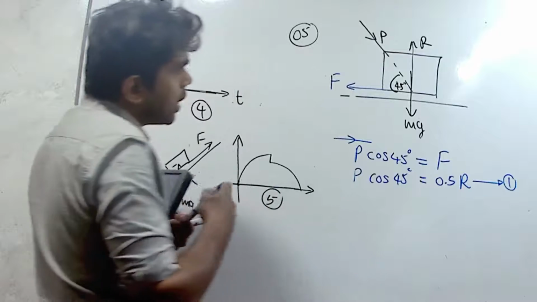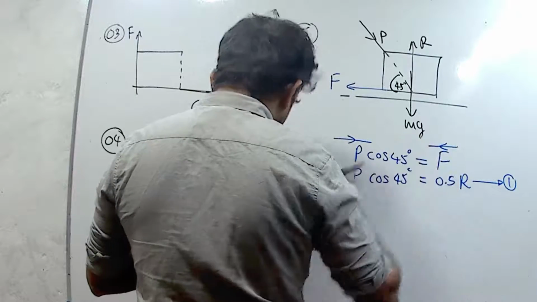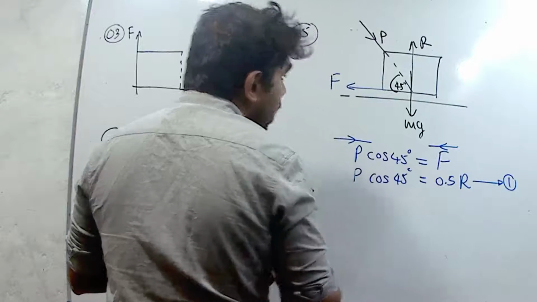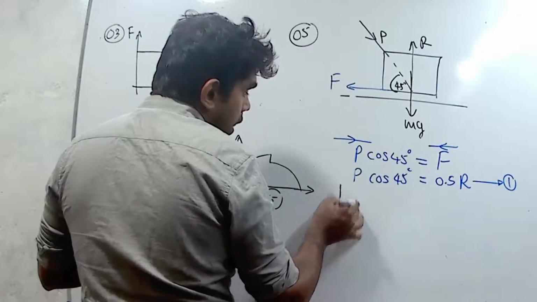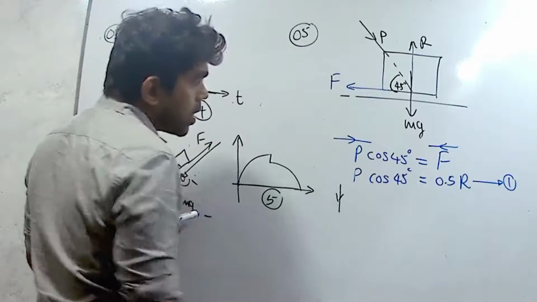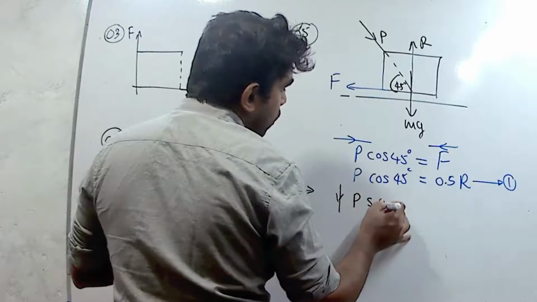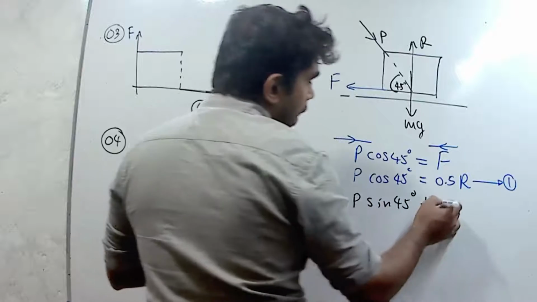This is the horizontal equilibrium. Then we can consider vertical equilibrium. In the downward direction, there are two forces, P sin 45 and weight mg.